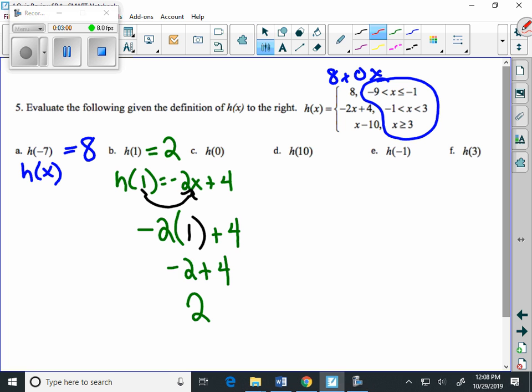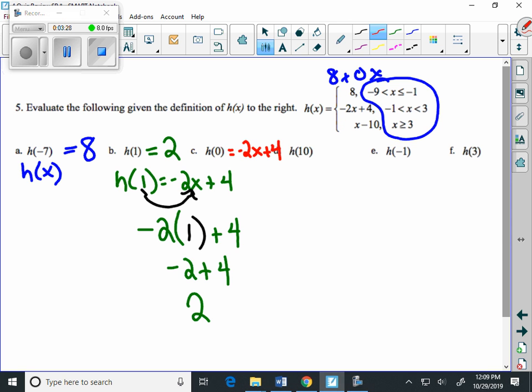Letter C, h of 0. We need to pick which piece to use. Well, is 0 between -9 and -1, including -1? No. Is it between -1 and 3? And yes, it is. So our function, once again, that we're going to use is the -2x plus 4.